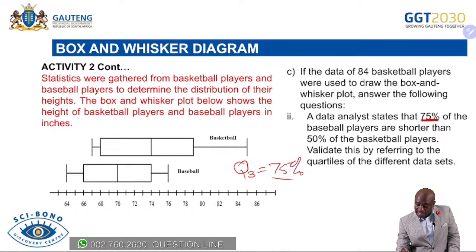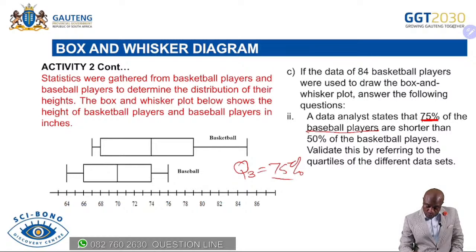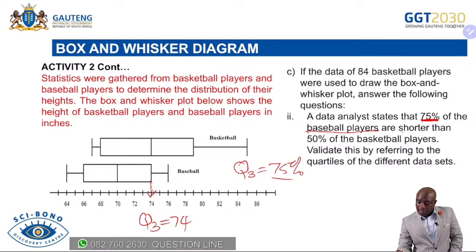And then it says there, 75% of the baseball players. So we now look at Q3. That means 75%, our Q3 for baseball is 74, right? And then it says are shorter than 50% of the basketball players.